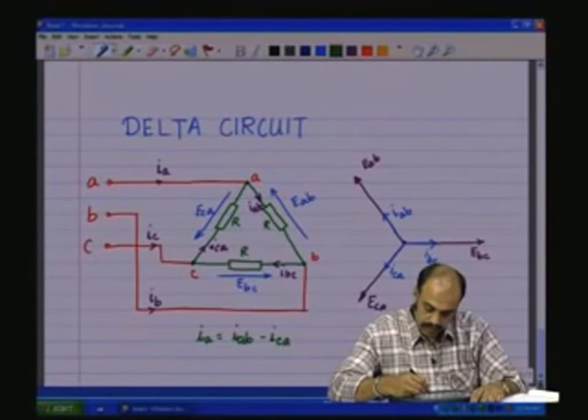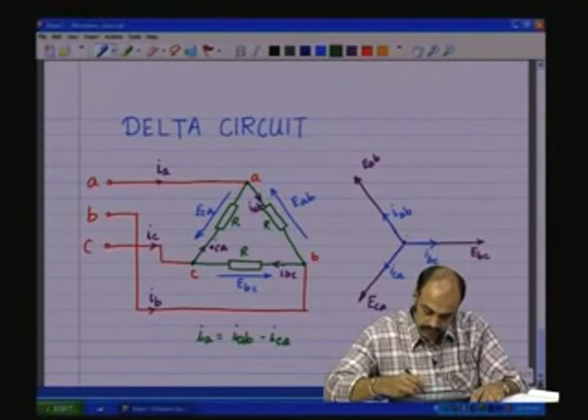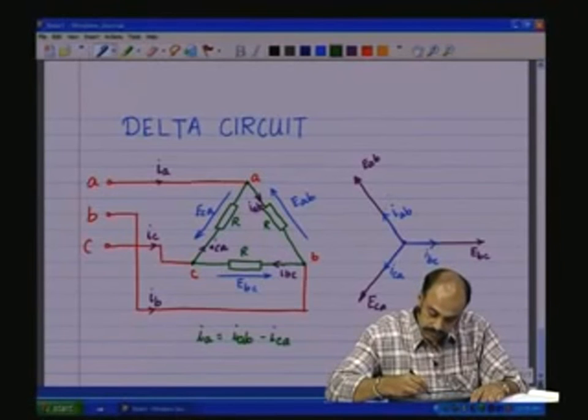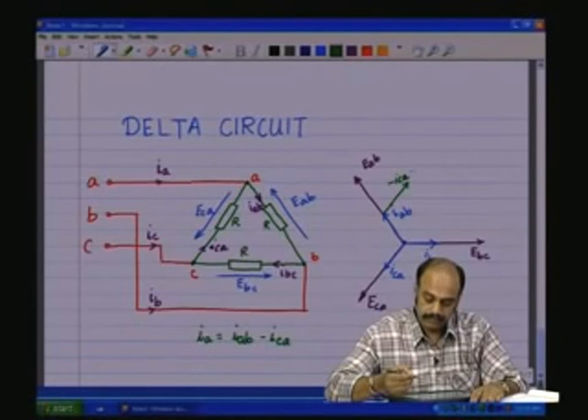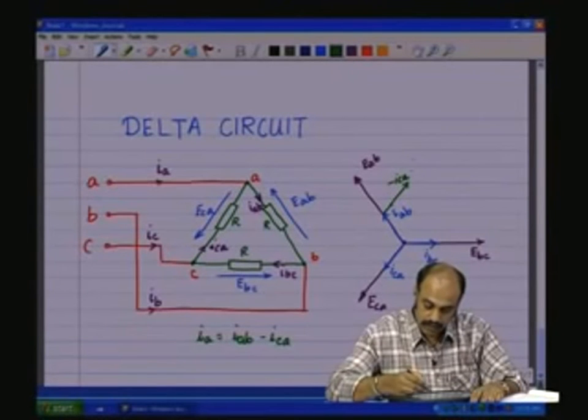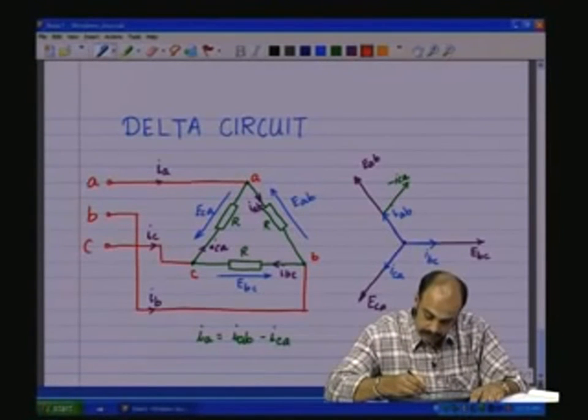So, let me draw this. ICA minus should be like this, isn't it? So, it goes like that. This is minus ICA, and the resultant is like that.